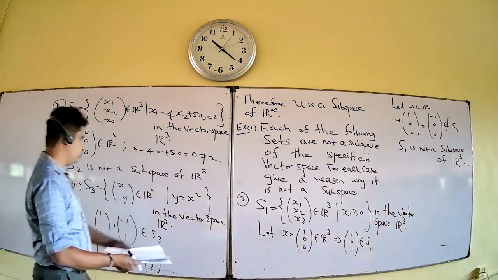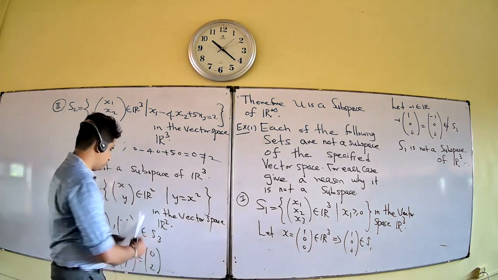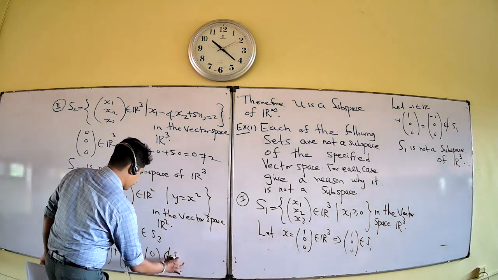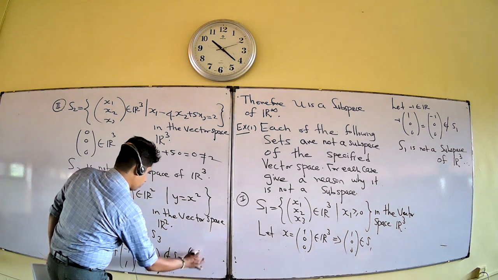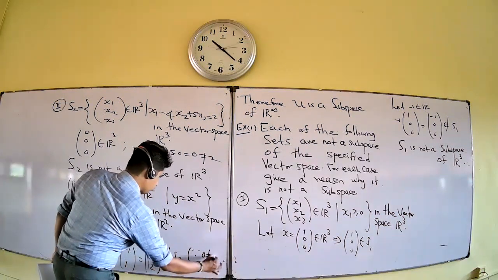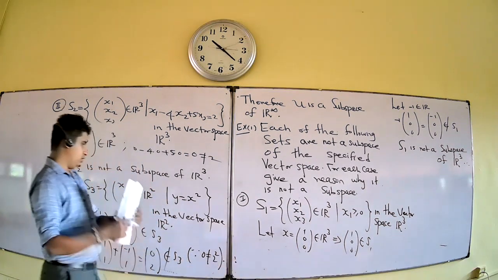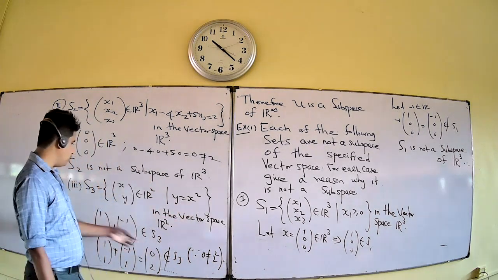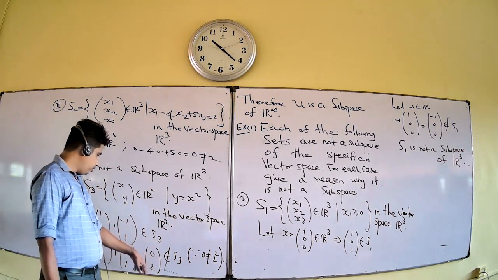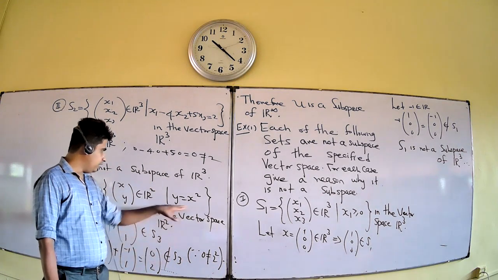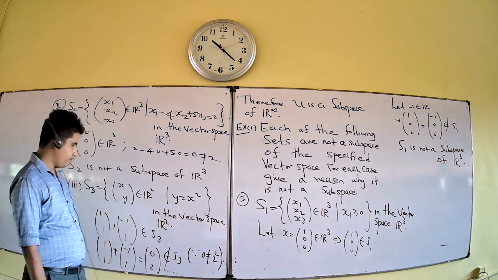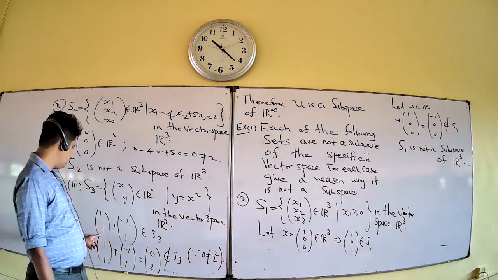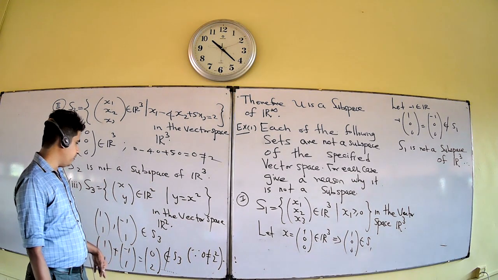Therefore y equals 2, but 0 squared is not equal to 2, because this is not an element of S3. When this condition is satisfied, then you can say that it belongs to S3. But for this vector, it's not satisfying this condition. Therefore, the vector addition is not satisfied here.